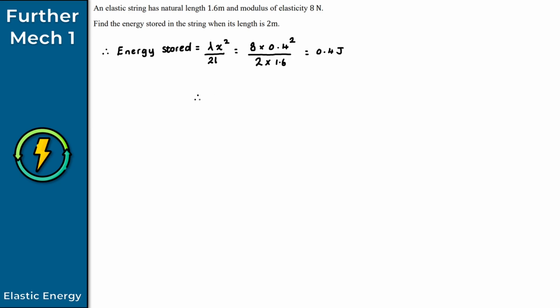So to finish with, the energy stored in the string when its length is 2 meters is, as we got here, 0.4 joules.